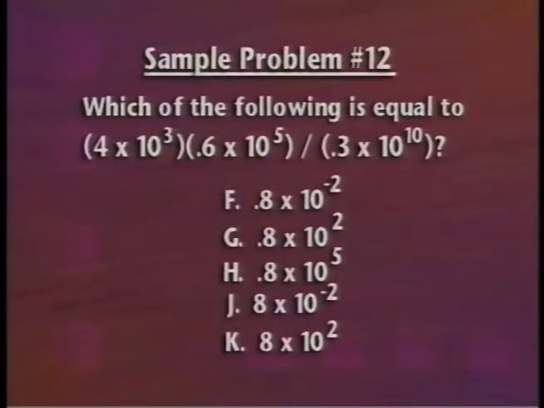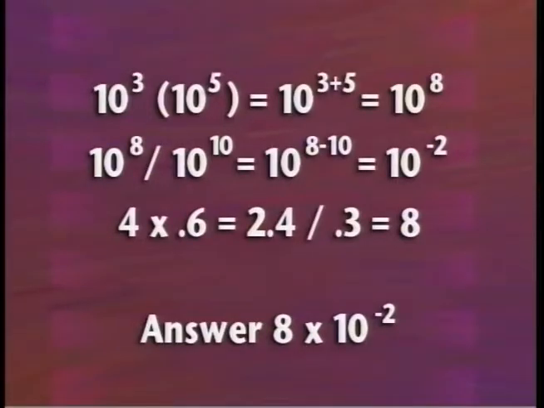Which of the following is equal to 4 times 10 cubed times 0.6 times 10 to the 5th, all divided by 0.3 times 10 to the 10th? Let's do the powers of 10 first and then the numbers. To multiply numbers with the same base, add the exponents. So for instance, 10 cubed times 10 to the 5th becomes 10 to the 8th.